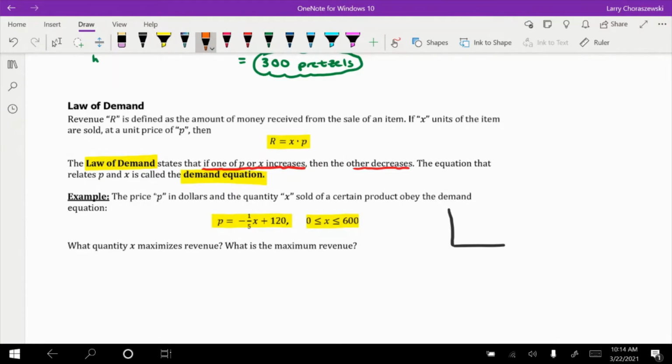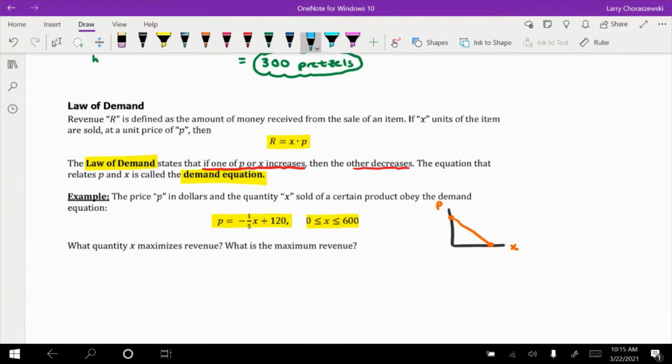If you were to plot this price equation using only these specific values of X, there would be a y-intercept and there would be an x-intercept. And because it's a line with negative slope, you'd have a segment of a line decreasing from left to right. Going along the x-axis is the number of units, and going along the y-axis is your different price amounts.